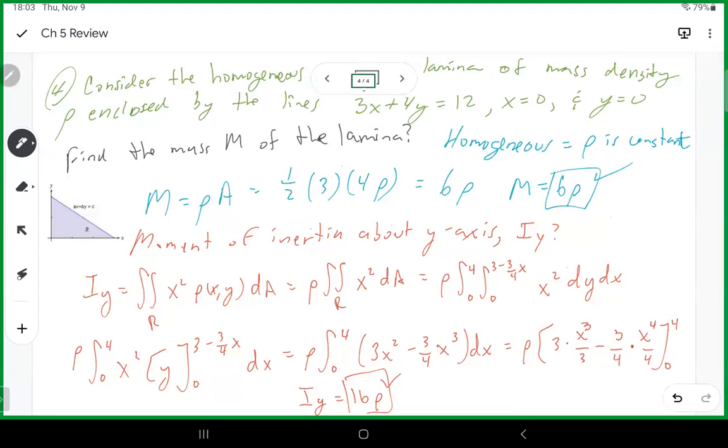So that's where you find k sub y, which is the square root of the inertia about the y-axis divided by the mass, which is why you need the first two. And that is equal to 2 square root of 2/3.